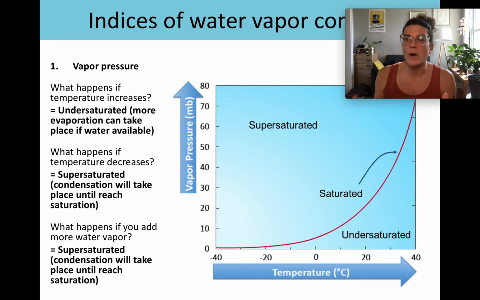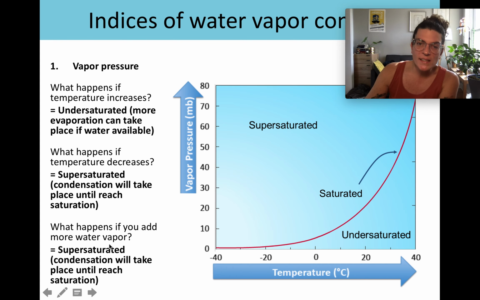So let's look at the graph of all of this. On this axis, we've got the temperature in degrees Celsius. Okay, so 0 degrees Celsius is freezing. And on this axis, we have the vapor pressure. So here, instead of measuring it as grams per kilogram, we're measuring it in terms of millibars. And the reason we do that is because it's just standardized.